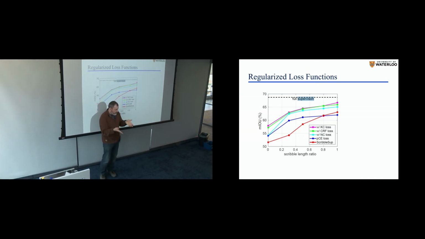So one doesn't mean full supervision; it's still weak supervision, just stronger than the lower values. Zero doesn't mean no supervision at all. It means one point, one click. That's why we have some results even with almost no supervision: with one click you still get something. Not spectacular, but whatever.